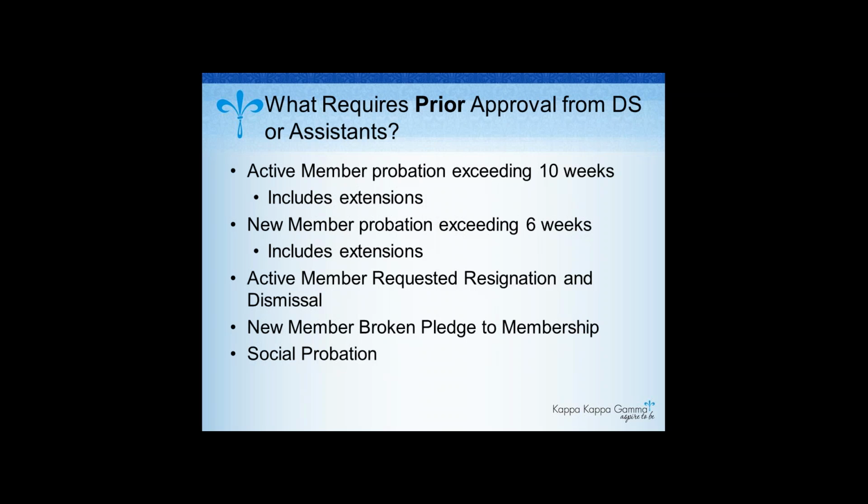We get a lot of questions on that, and we are happy to work through those types of things with chapters, but we definitely do not take social probation lightly, and we ask chapters to get prior approval, and we have a long conversation about it before it's given approval, so that we can make sure that it's being used in the correct manner and that we don't have any issues on it being used incorrectly.